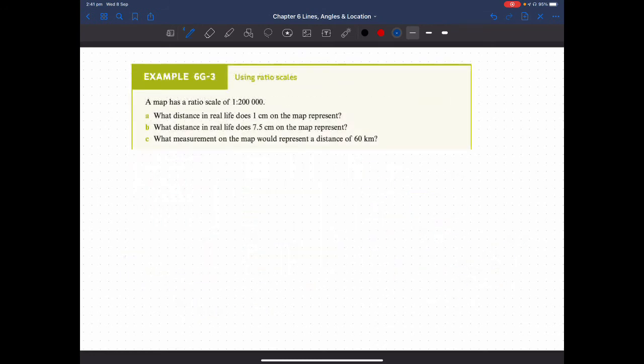The third example has a ratio scale 1 is to 200,000. It says to us, what distance in real life does 1 centimeter on the map represent? So 1 centimeter will be 200,000 centimeters.